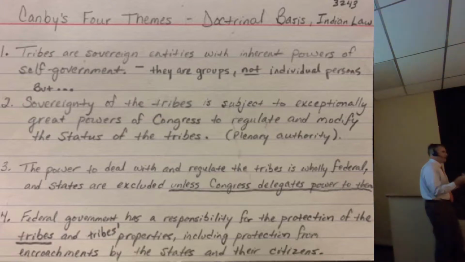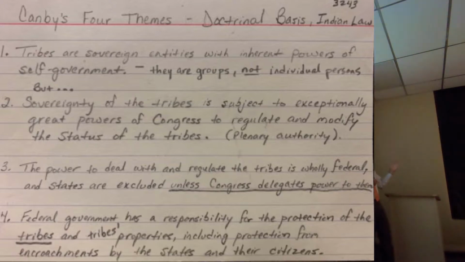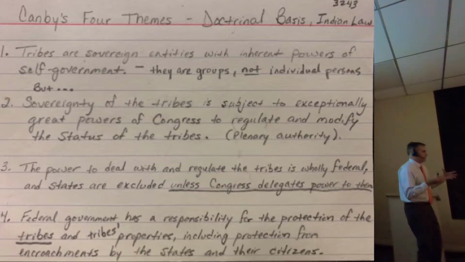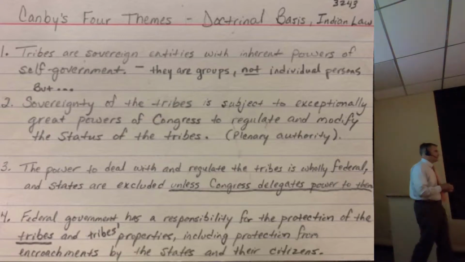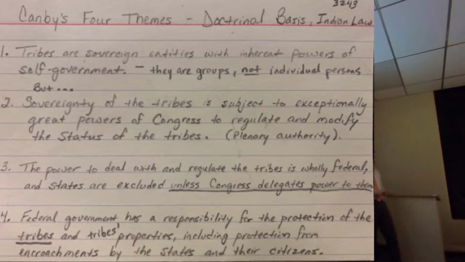So Congress is the people of the United States. The people are the sovereigns in the United States federal system. That's our concept of sovereignty. In the United States, we don't have a king, we have the people. The people are the sovereign. The people are represented in Congress. So Congress represents the sovereign people of the United States.